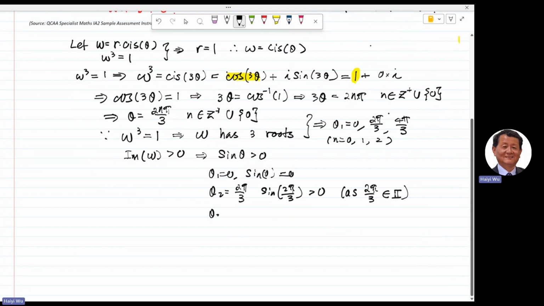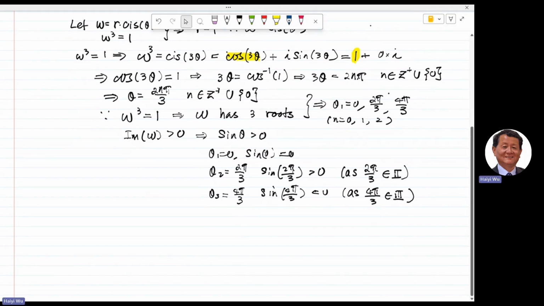Third one, if I choose 4 pi over 3, sine 4 pi over 3 is negative, because 4 pi over 3 belongs to the third quadrant.